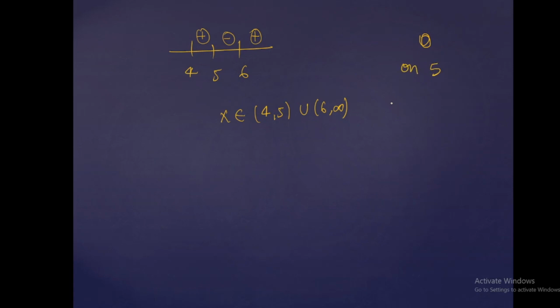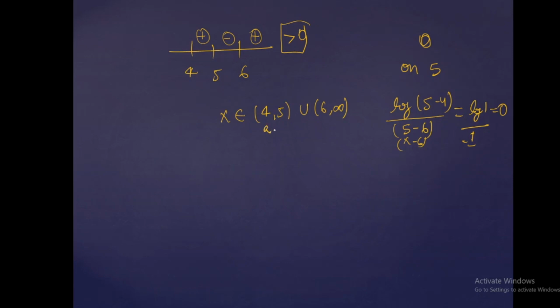At 5, it will be log of 5 minus 4 over 5 minus 6. Basically this is x minus 6, so I put the value x equal to 5. So this will be log 1 divided by minus 1, and log 1 is 0. But we have this term, right? We cannot include 0 in our solution. So we will have the inequality, not equality to 0.